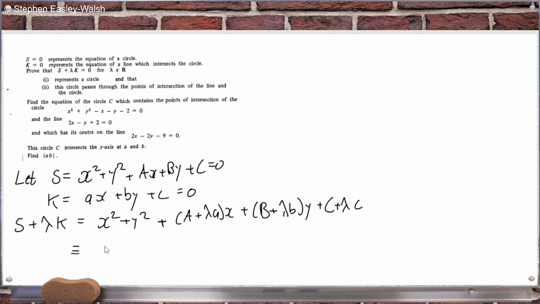And that's equivalent to x squared plus y squared plus alpha x, if you just call that constant alpha, the next constant beta, and the last constant here gamma, which is a circle. Okay, so we've proven that it's a circle. It has the same form, the equation. And that the circle passes through the points of intersection of the line and the circle.